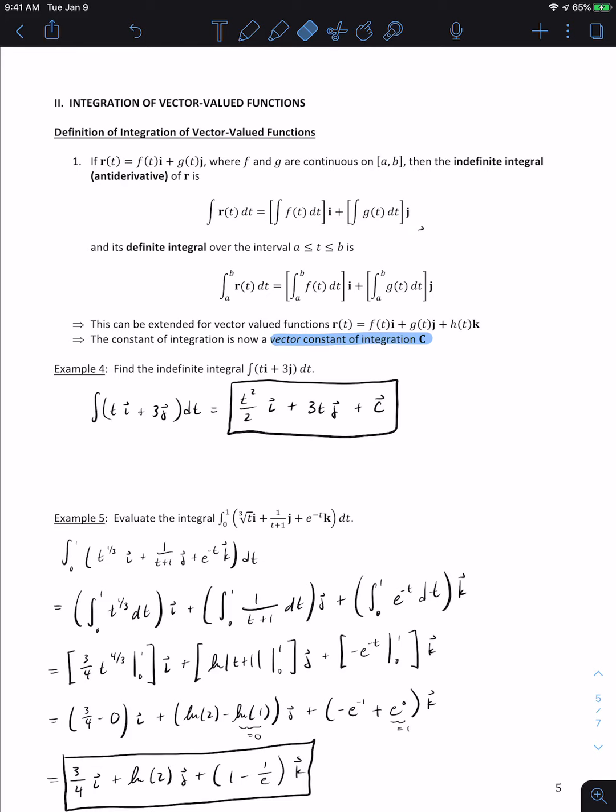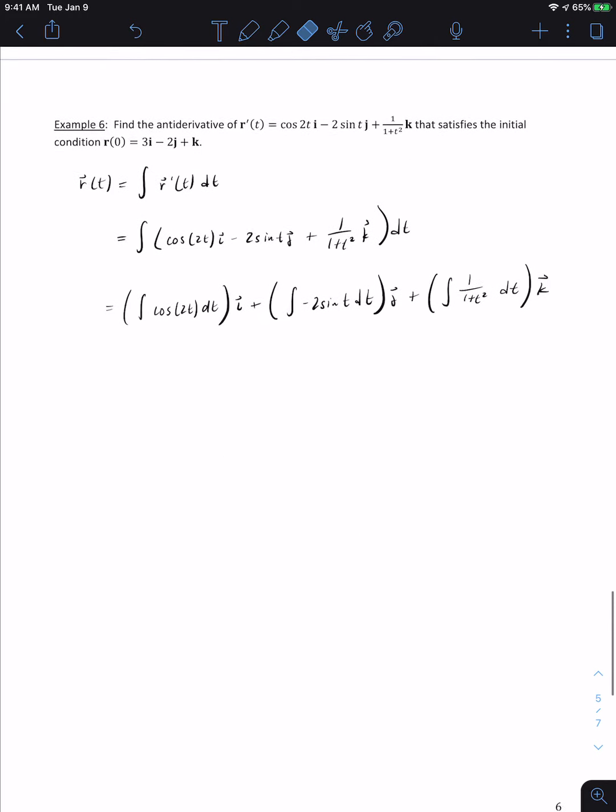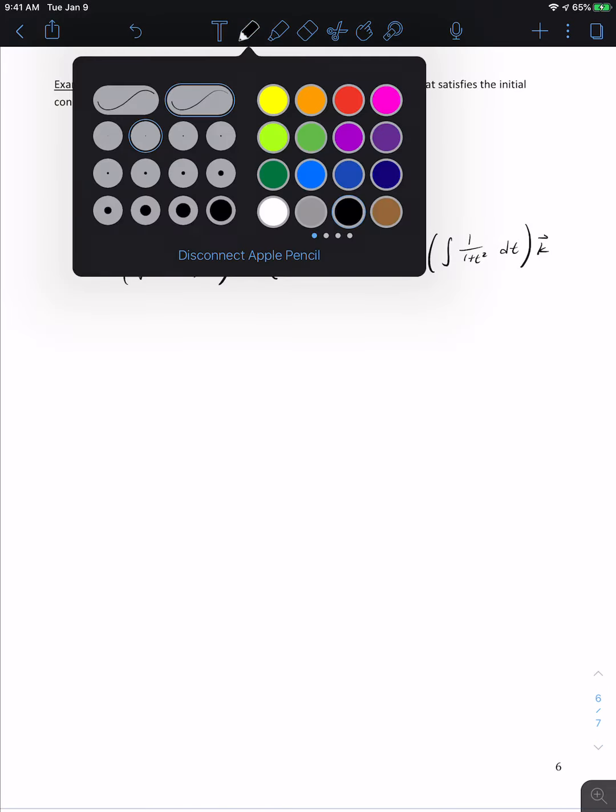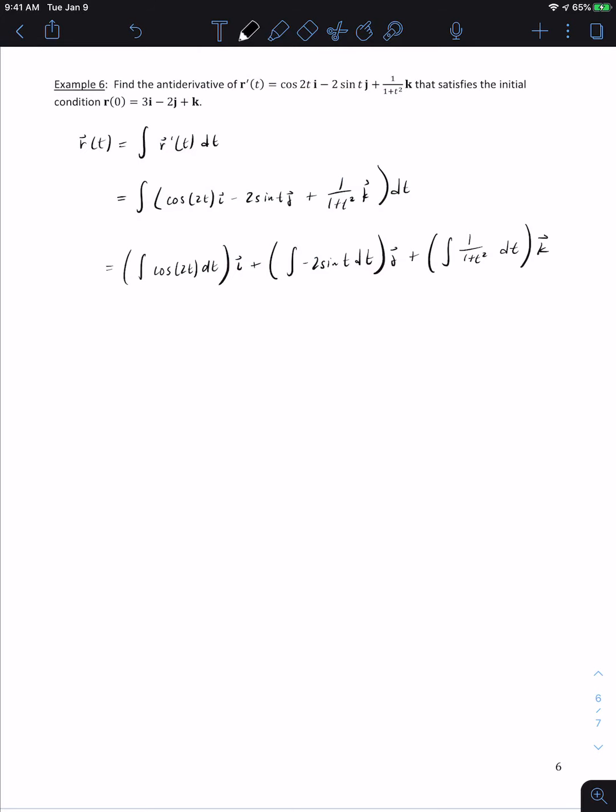And so that's what we're showing in this example: in order to solve this initial value problem, we need each one of these individual pieces to have their own constant.